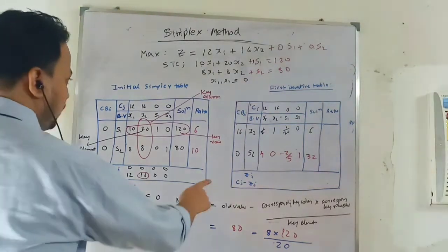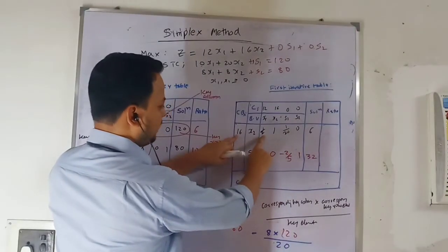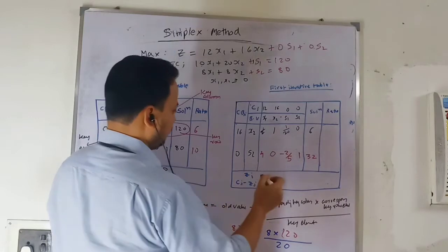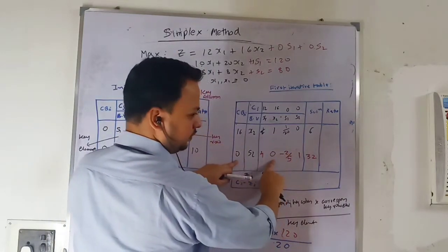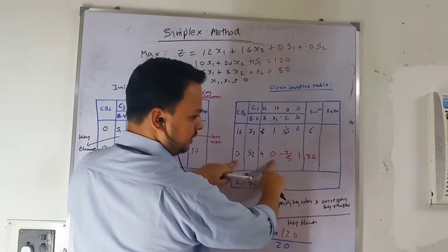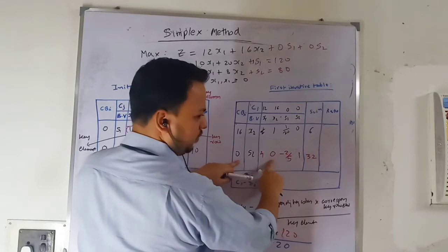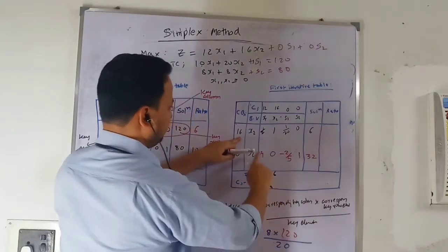Now I have to find the Zj value. So 16 into 1 by 2 plus 0 into 4. How much? Very good. 16 into 1 plus 0 into 0 plus 0 into 0. So it will be 16.